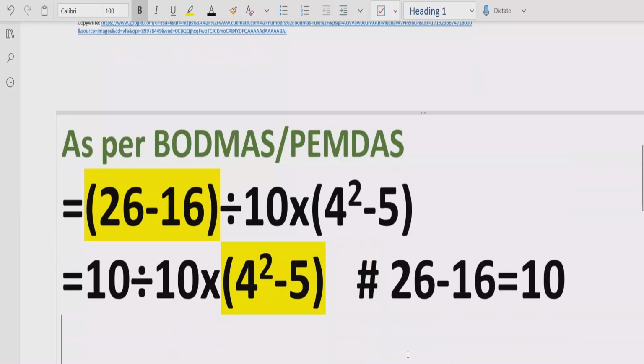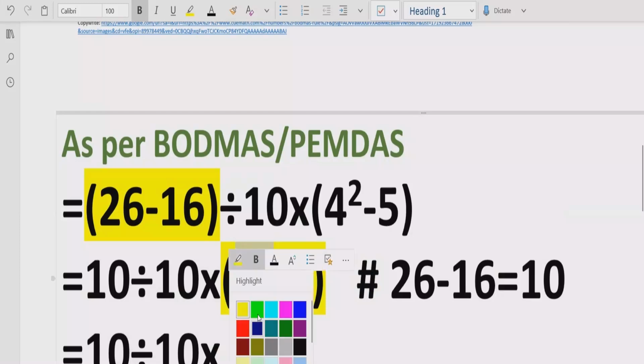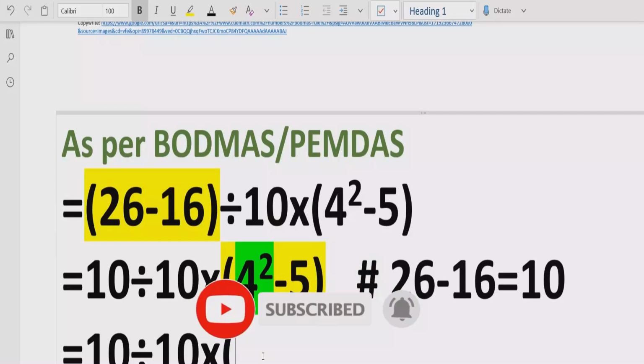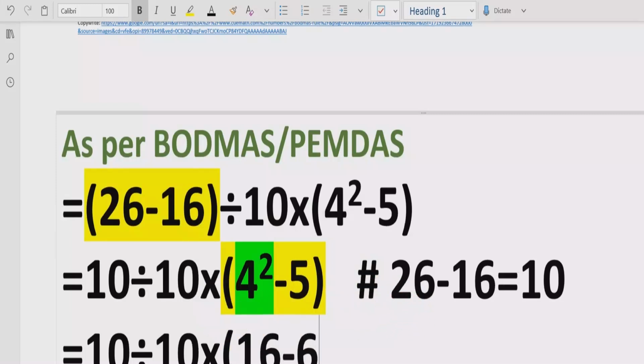Now move forward to solve the second bracket. We will write this part as it is because we will solve the second bracket. This bracket contains the exponent part and minus 5. So first of all, we have to solve what is inside the bracket. 4 raised to power 2 means 4 multiplied by 4, which is equal to 16, minus 5.